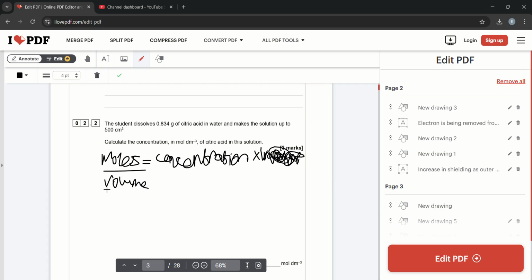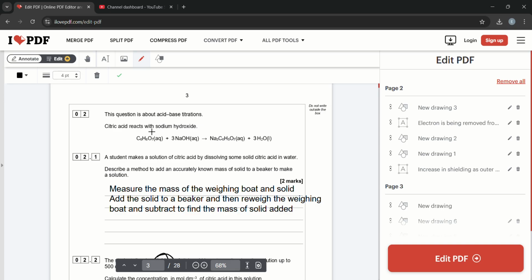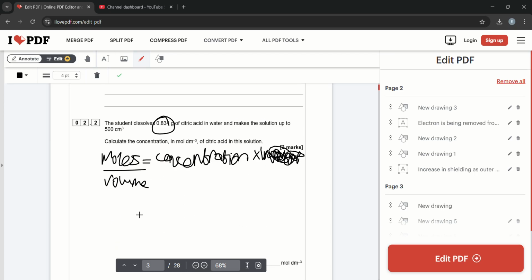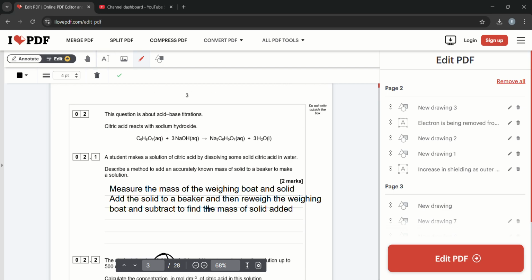How do we find the moles? Well, the moles in this case can be the mass of the citric acid over the MR of the citric acid, which we don't have. So firstly, find out the moles, which is mass over MR, which is going to be 0.834 over the MR of citric acid. Well, it's going to be 12 times 6, plus 8, plus 16 times 7.